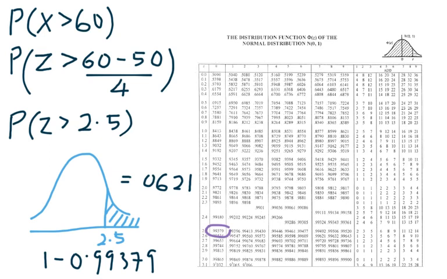Okay, I will erase this one first. So it's going to be 0.00621. Okay, so that is going to be the answer for the shaded area, which is the probability of the weight more than 60 kilogram.